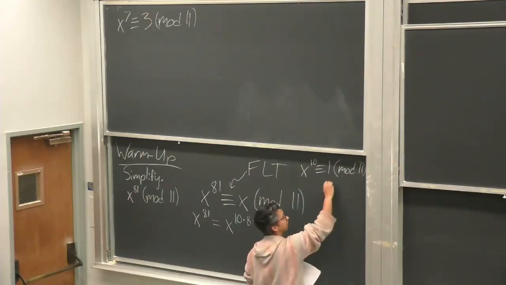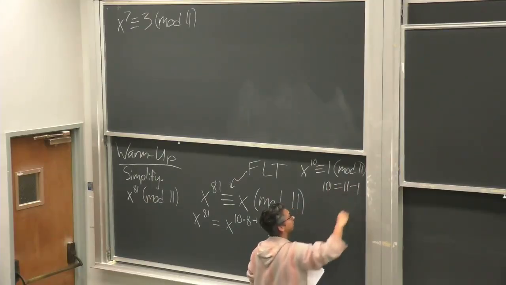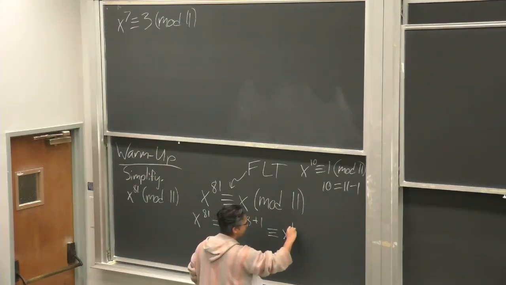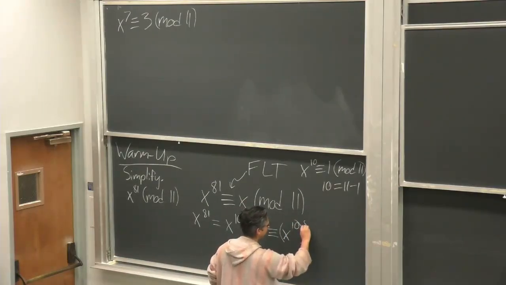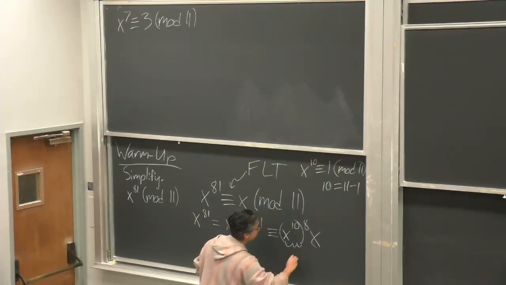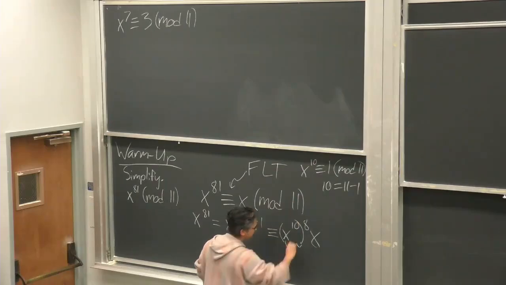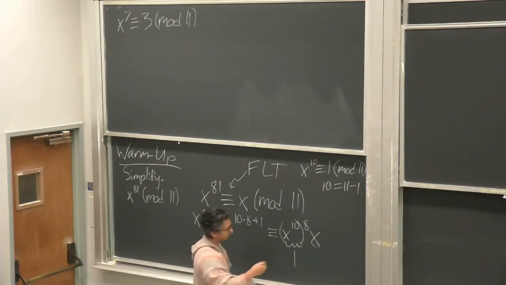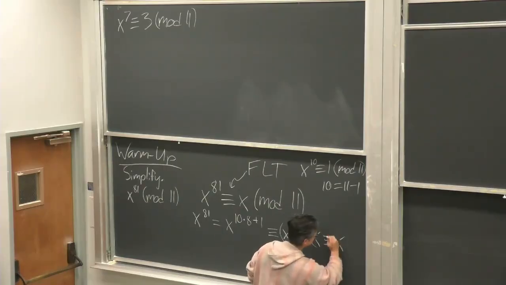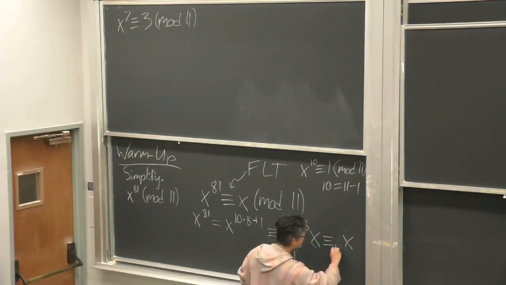Right? 10 is equal to 11 minus 1. So we have x to the 10 times 8 plus 1. We can break that apart, and this right here is 1. So this is just x. I ran out of room to say mod, so we'll say it right there.